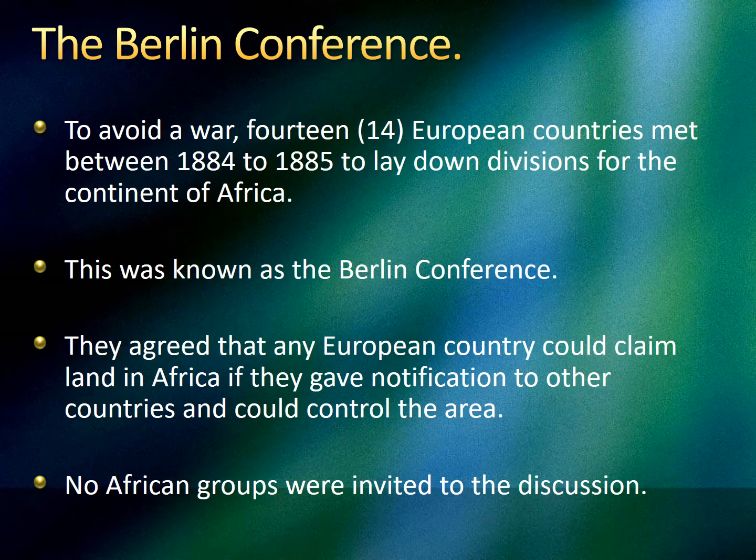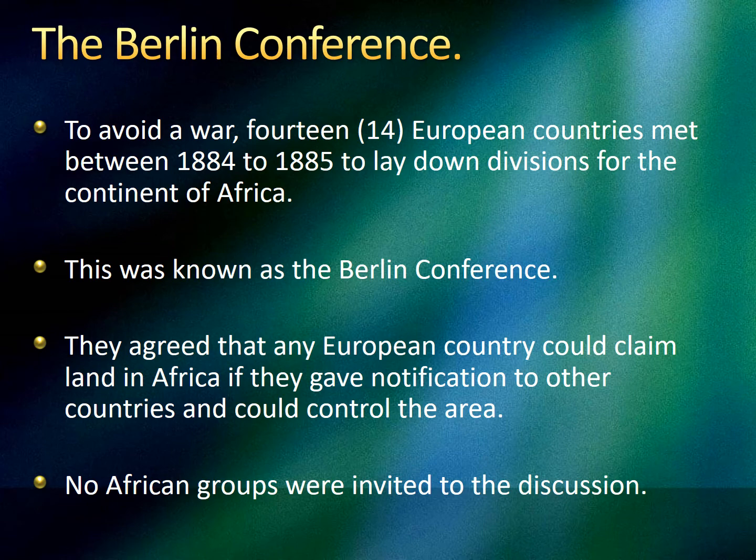So what these European nations are going to do, they're going to set up something called the Berlin Conference. To avoid a war, 14 European countries met between 1884 and 1885 to lay down divisions for the continent of Africa, and this was known as the Berlin Conference.